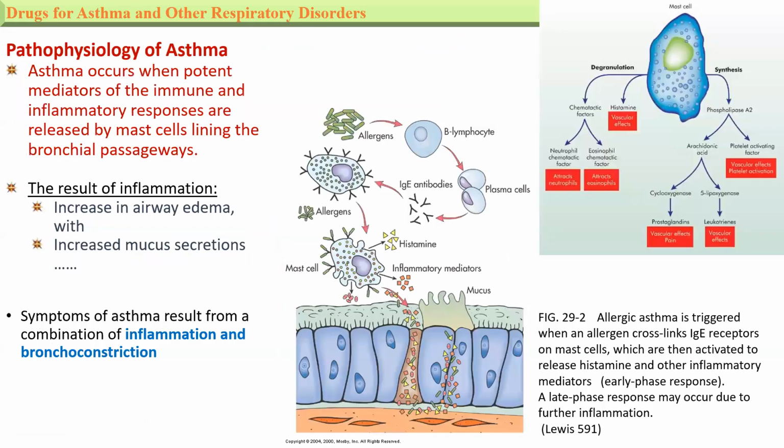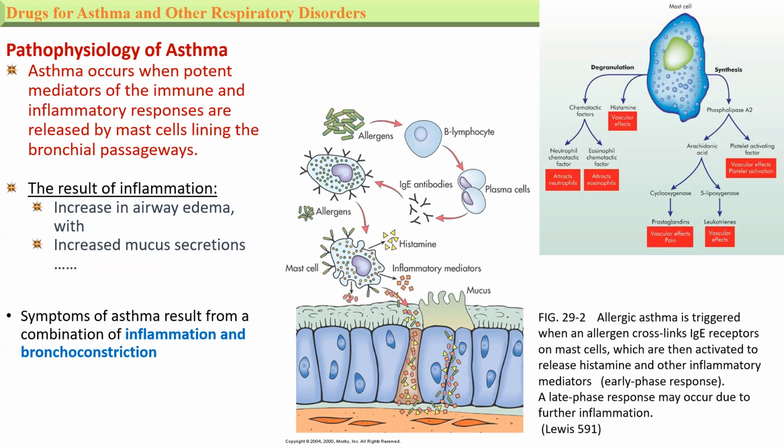Now, the pathophysiology of asthma. Asthma occurs when potent mediators of the immune and inflammatory responses are released by mast cells. This is the process we've been discussing, covered repeatedly in different chapters, especially the immune system chapter, in which some of these mediators cause inflammation.